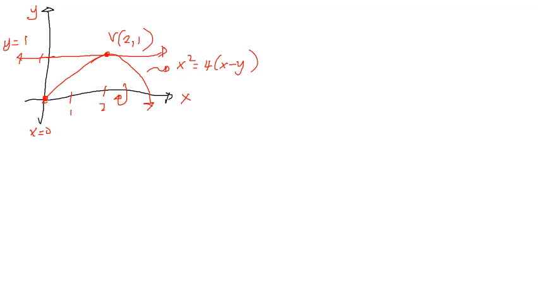So with that, we need to know what strip we will use. For this example, we could make use of the dy strip or the dx strip. It's better to make use of the dx strip so that we could make use of the circular ring method. Why is it a circular ring?